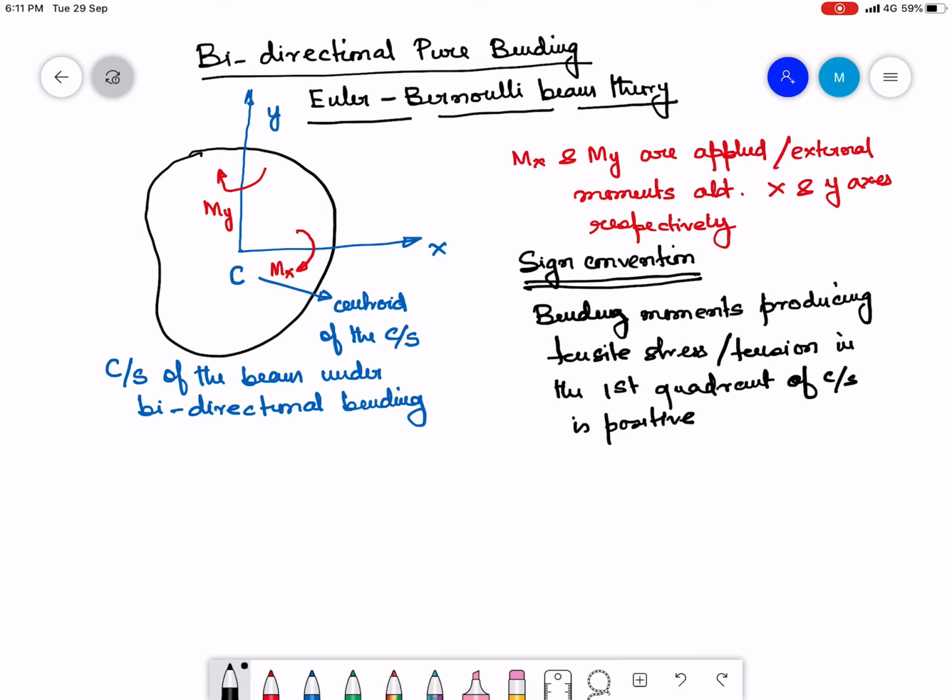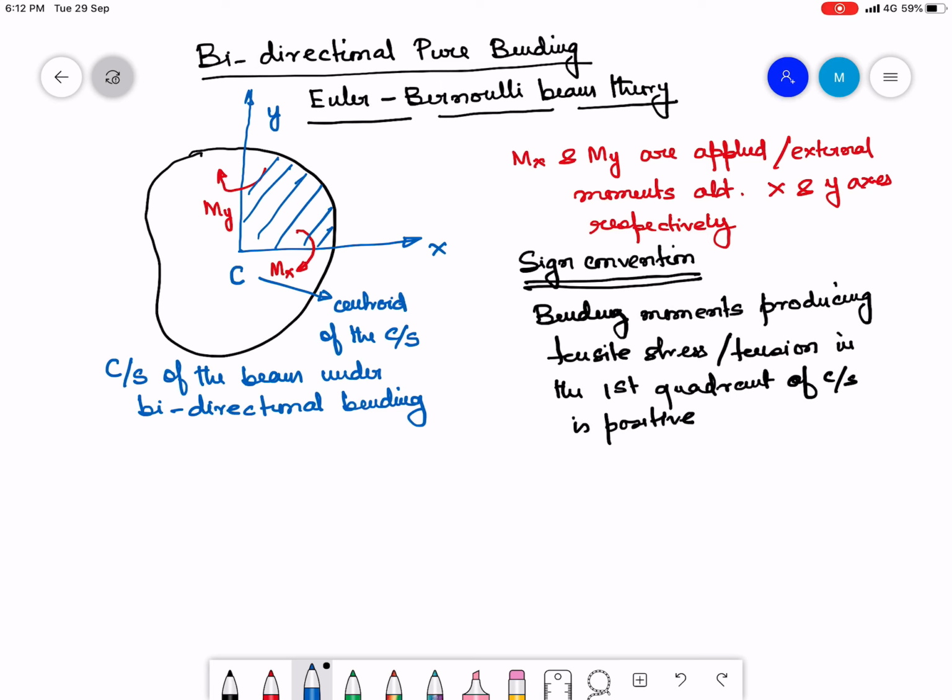Okay, so let me just try to explain this. So this is the first quadrant. The moments that produce tension in the first quadrant are taken as positive. Let us see the Mx moment. Just try to visualize, the Mx moment is going to produce tension in the first quadrant, so Mx is positive.